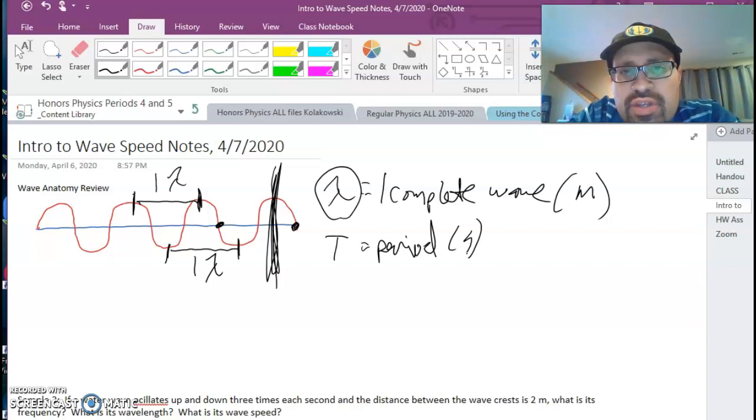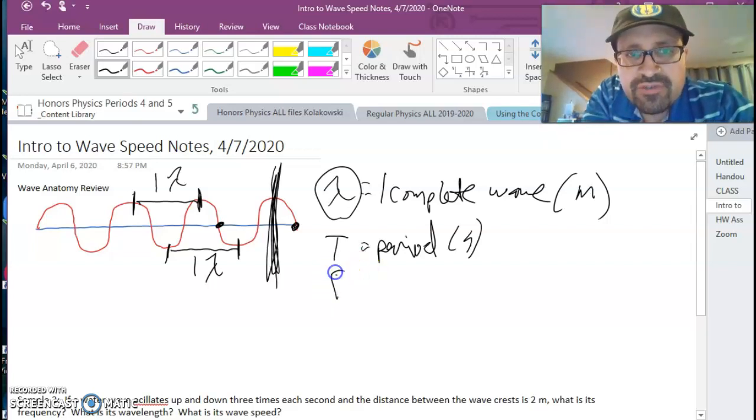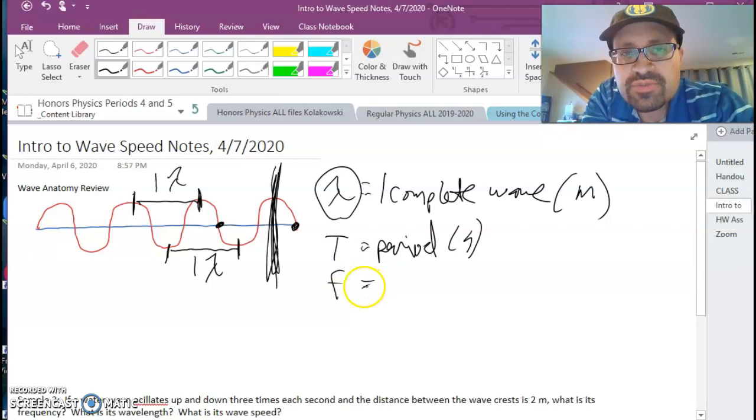To give you the alternative approach of describing the wave movement in terms of cycles per unit of time rather than the time it takes for a cycle, we have this frequency idea. You might remember this from circular motion. This is the number of cycles per second.